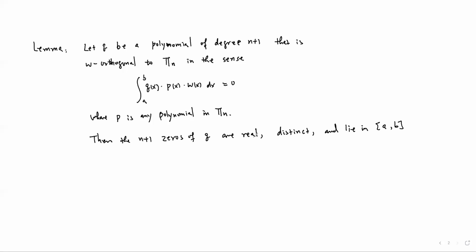So the zeros of Q are candidates for the nodes in Gaussian quadrature.